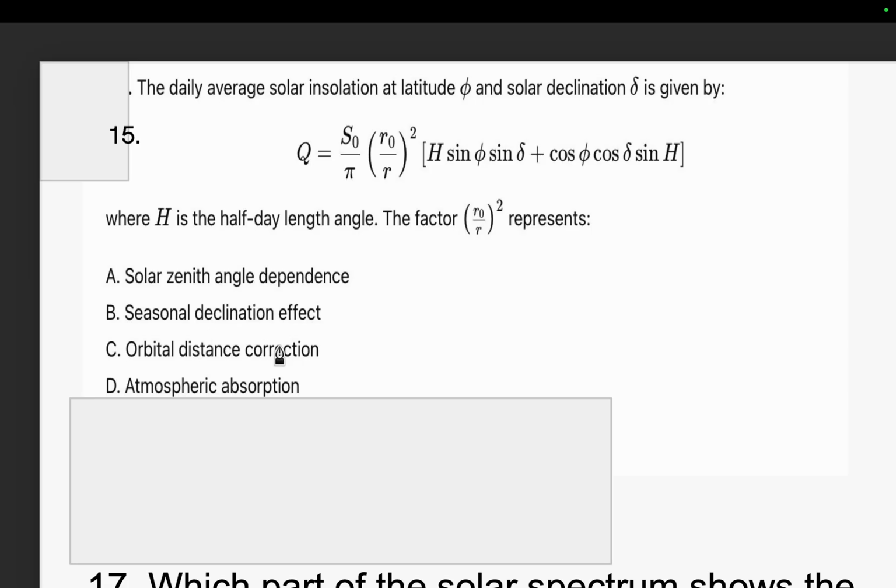Solar zenith angle dependence, seasonal declination effect, orbital distance correction, and atmospheric absorption. We will not derive or check anything about this formula, but we have to just have some intuition how this R0 by R factor comes.